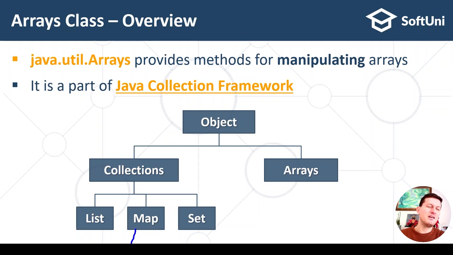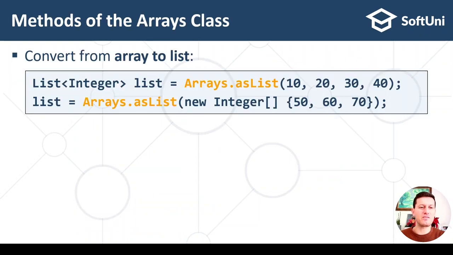Maps can be HashMaps or TreeMaps based on hash table or balanced tree, etc. And Arrays is a utility class which derives from Object, and it is related to these collection classes, but it's intended to manipulate arrays. Let me show you how this works.